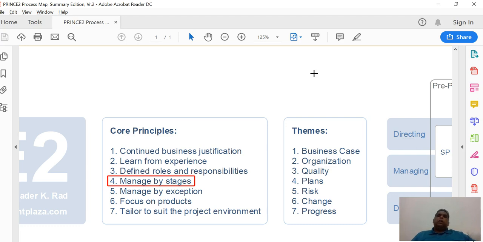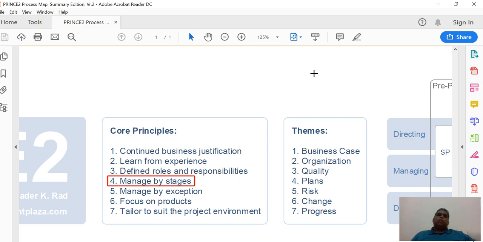Now, it's not possible at all times to have clarity in terms of a defined list of activities that we work on, scope, timelines, and cost at the very outset of the project.